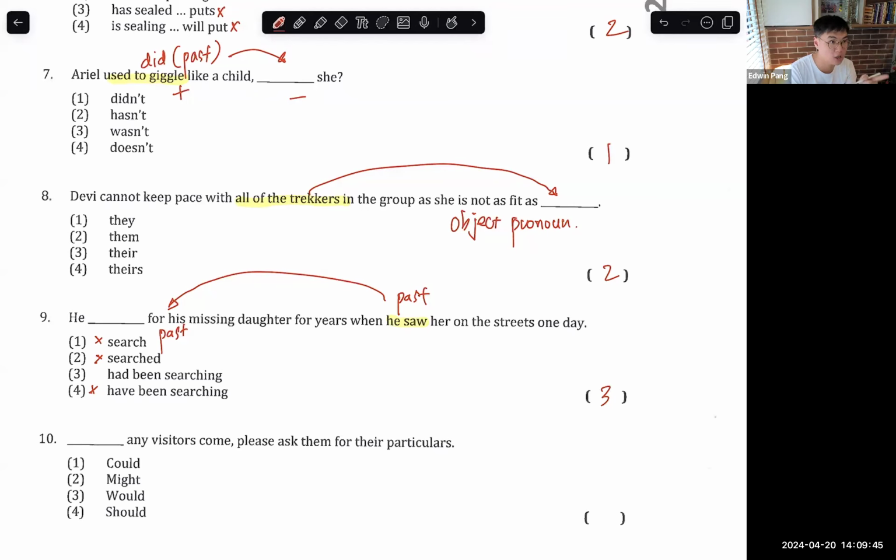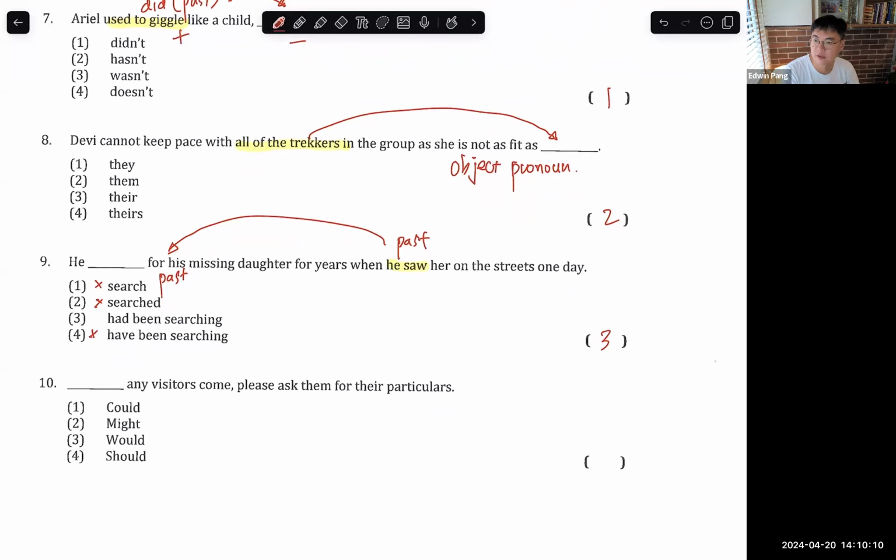In this case, he saw her as a singular action and it interrupts the searching. So there must be a continuous form in the verb form here because there is an interruption, and this entire sequence happens in the past. So he had been searching for his missing daughter for years when he suddenly saw her on the street one day, or when he saw her on the street one day. All right, so that's question number 9.